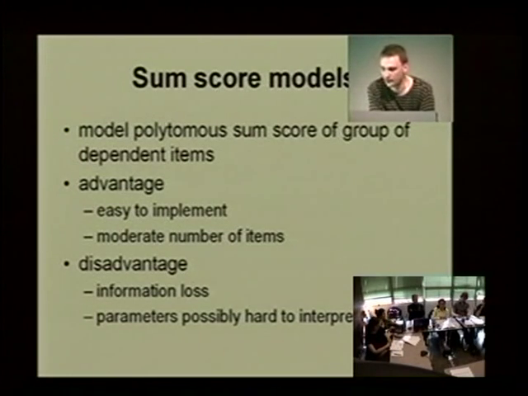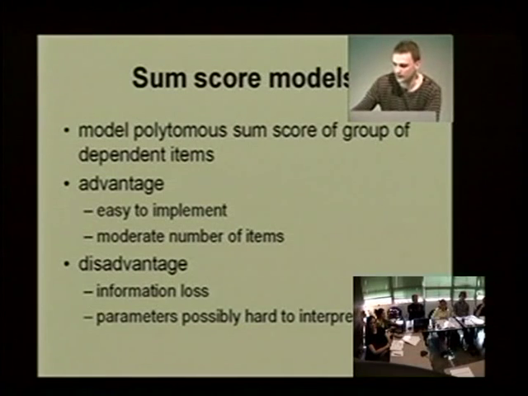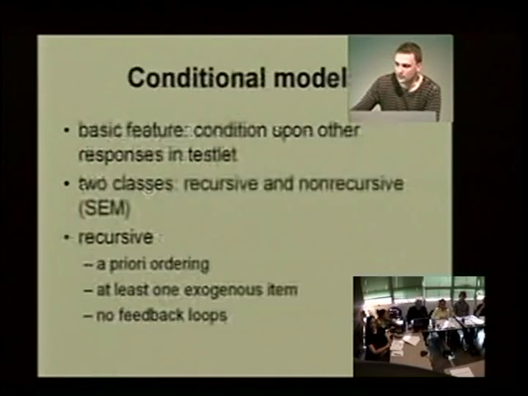So you lose information. And also the parameters of the model will be hard to interpret, because they do not refer to separate items, but to this artificially constructed new item, this sum score item. So this is not the most appropriate model.